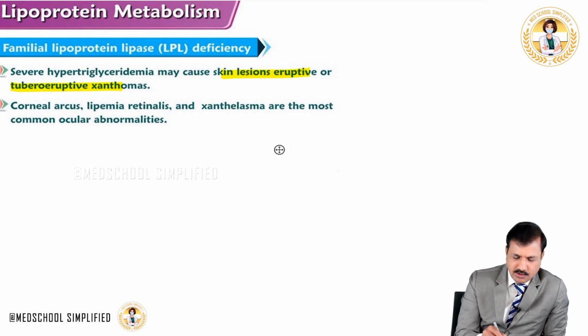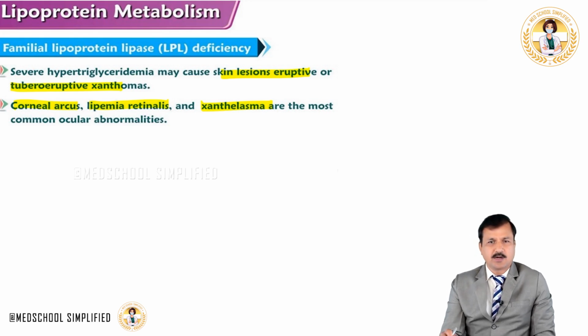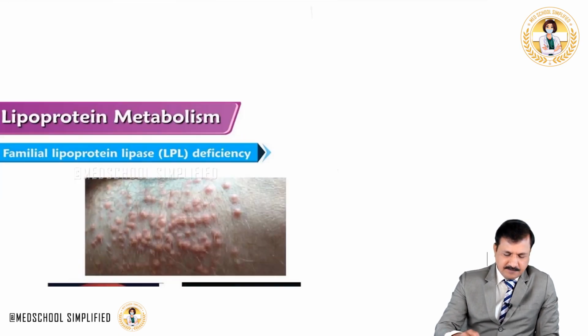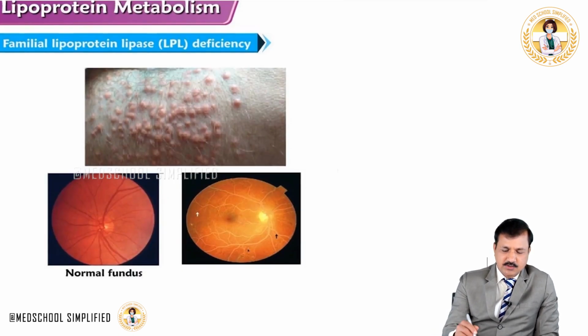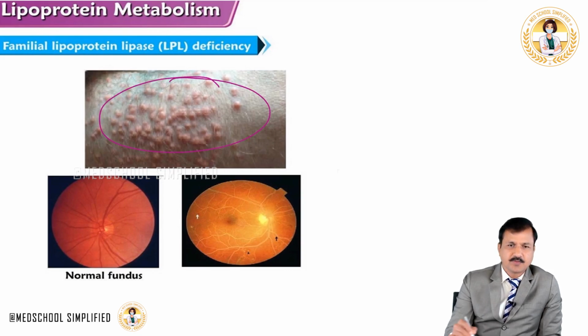Patients will also show corneal arcus, lipemia retinalis, and xanthelasma, which are the most common ocular abnormalities in familial lipoprotein lipase deficiency. So here are some figures to explain tuberoeruptive xanthomas and also the fundus.